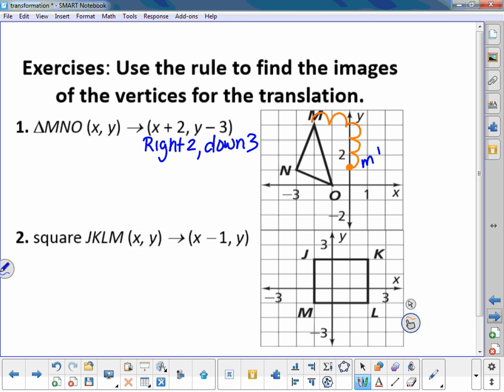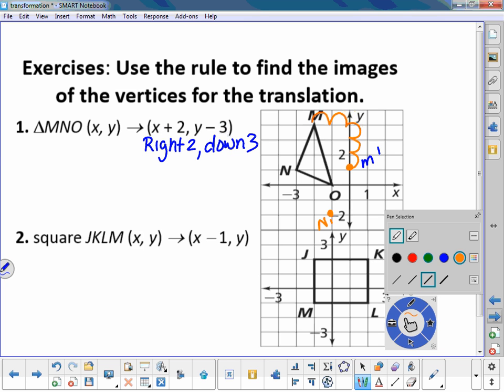Now I'm going to do the same thing with N and O. If I go right 2, 1, 2, and down 1, 2, 3, I'm going to land right here for N prime. If I start at O and go right 2, and down 1, 2, 3, that would be my O prime. And this would be my new figure.